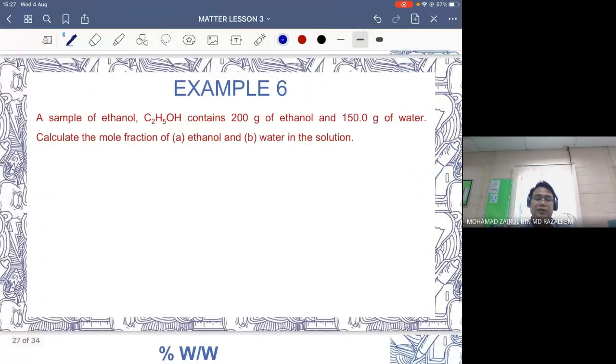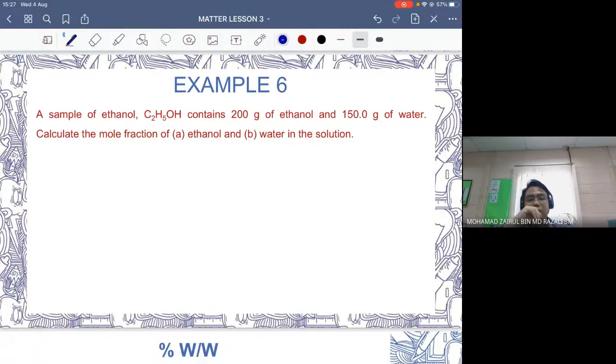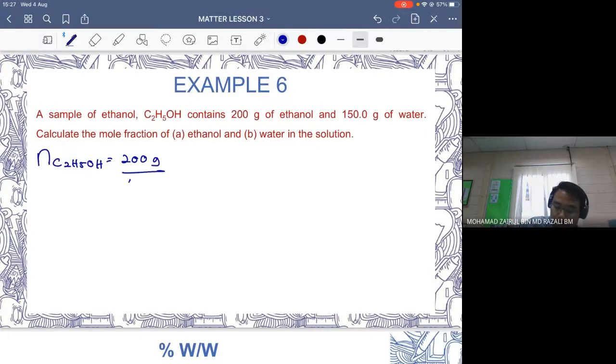So example 6. Sample of ethanol contain 200 gram of ethanol and 150 gram of water. So calculate the mole fraction of ethanol and water in solution. So first kita kena convert the mass to number of mole. Kita kena convert dulu. So the mole of ethanol is equal to 200 gram, and the molar mass of ethanol is 46 gram per mole.